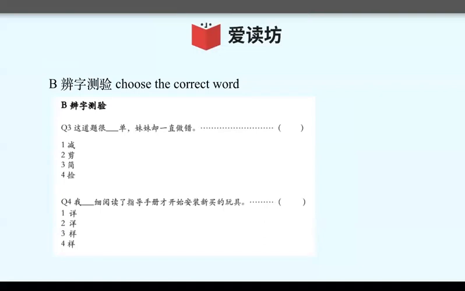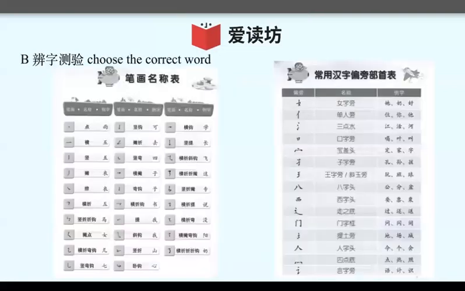So in this case, students need to learn the stroke table, 笔画名称表, and the radical table, 常用汉字偏旁部首表. You can see the first one 女字旁, 女, 她 is she, 奶奶 is grandma, 妈妈 is mother.